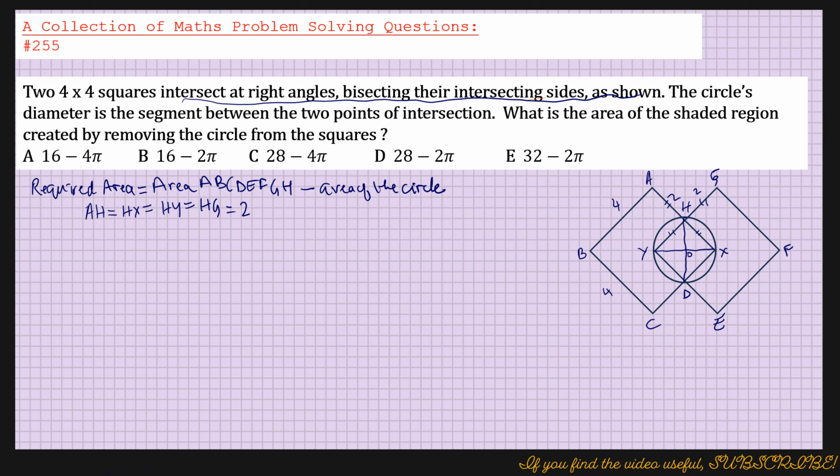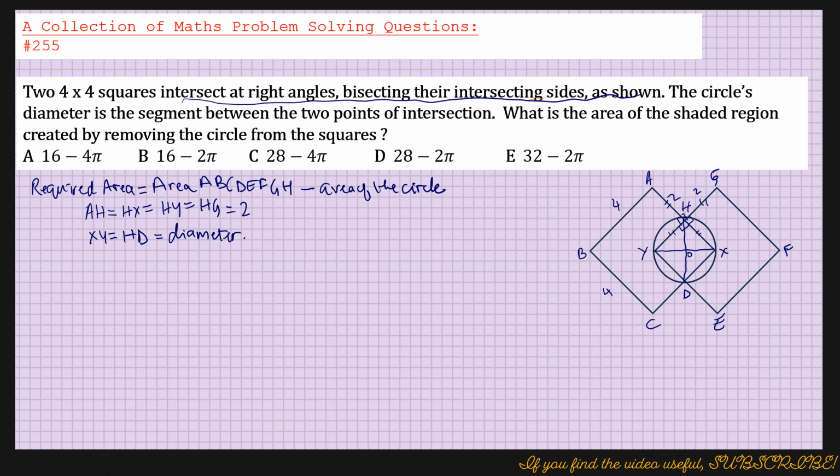And XY equals HD, and that is the diameter. So our first job is to find the area of the circle. So we have to find the radius or the length of the diameter. So this is a right angle triangle, XHY, because the squares intersect at right angles.